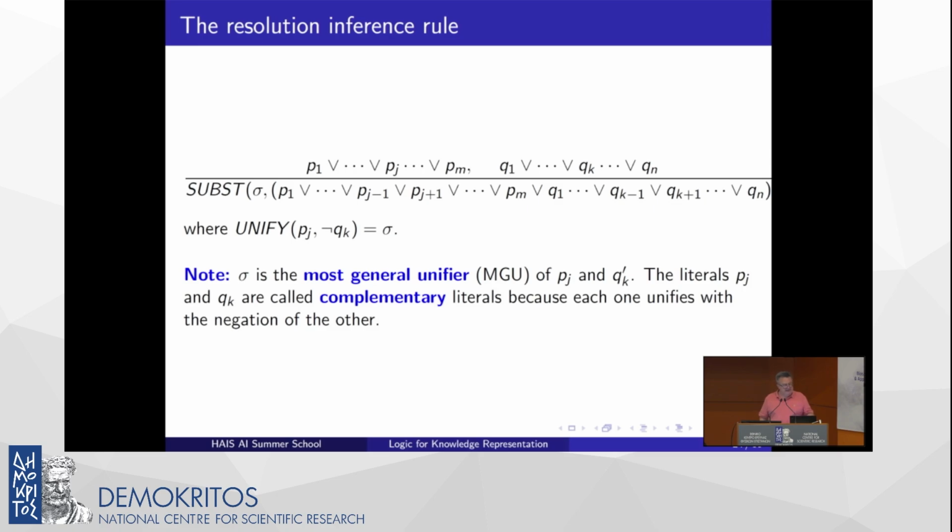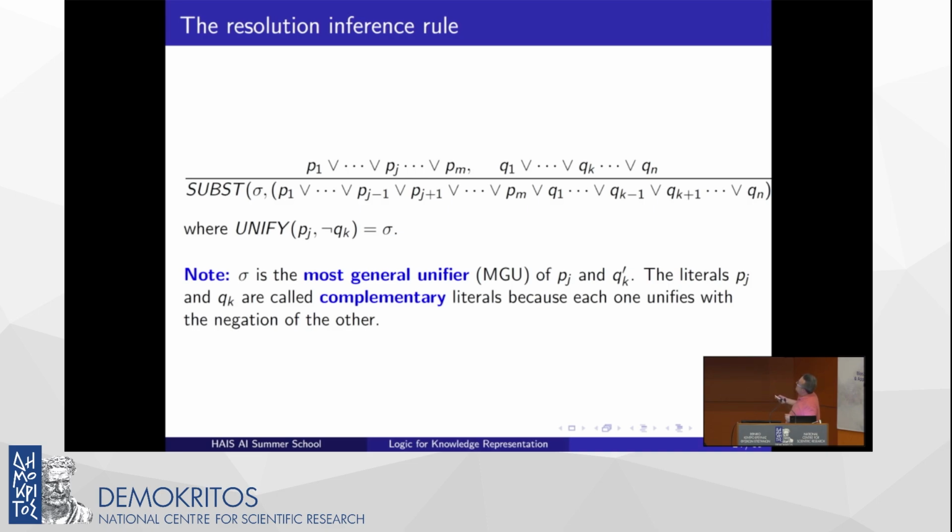It works with disjunctions. Let me first say something more basic, that inference rules are typically written as fractions, okay? And we have some things in the numerator that are the assumptions, and in the denominator, we put what we conclude.